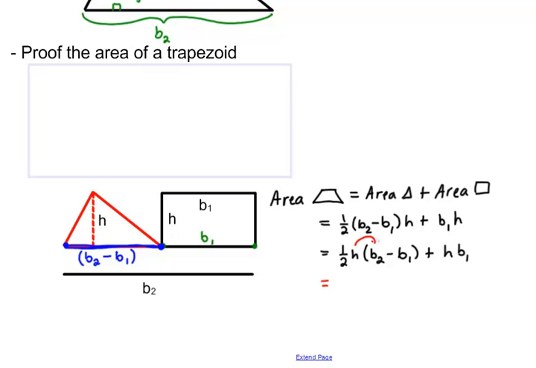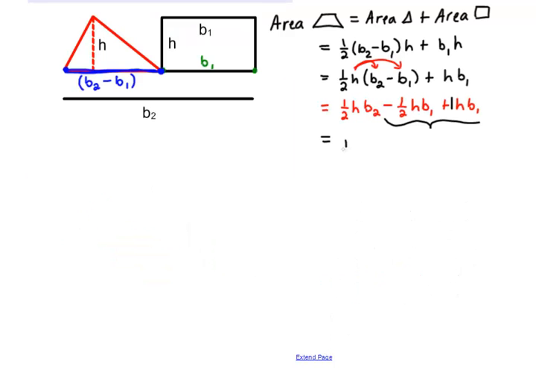Now let's do the distributive property. So we have 1/2 H B2 minus 1/2 H B1 plus H B1. Now if you look, we've got some like terms here. I have negative 1/2 plus 1, because that's a 1 in front. So this is equal to 1/2 H B2, and 1 minus 1/2 is equal to 1/2, so plus 1/2 H B1.